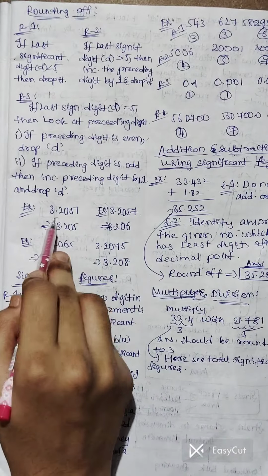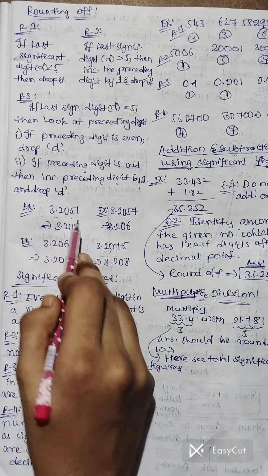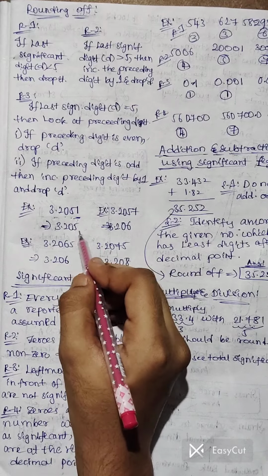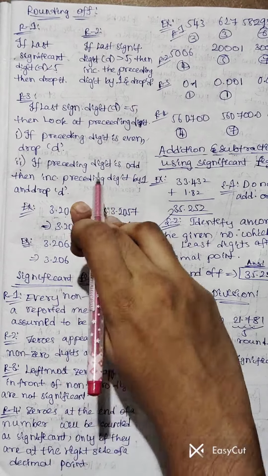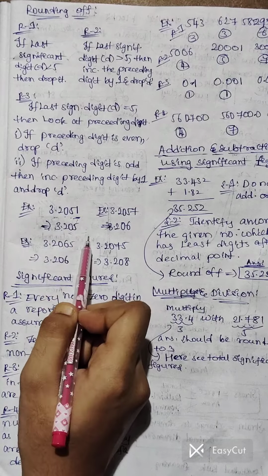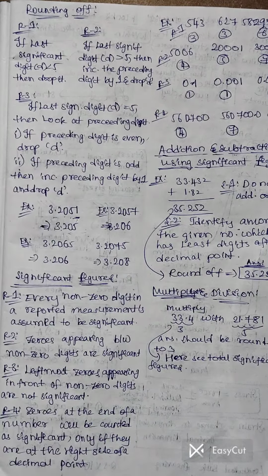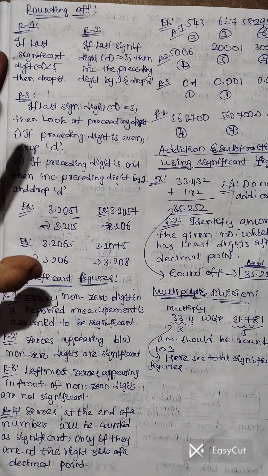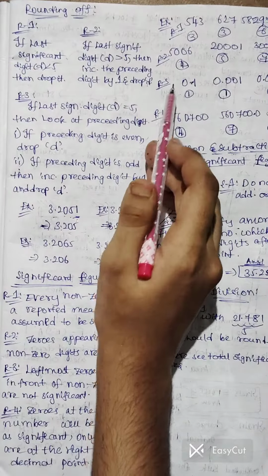For example, 3.0251. Here the last significant digit is less than 5. So you just simply drop it. I mean, you don't consider it. So 3.205. And coming to rule number 2, if the last significant digit is greater than 5, then increase the preceding digit by 1 and drop that digit.